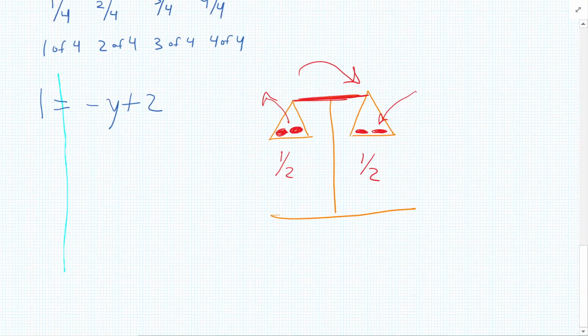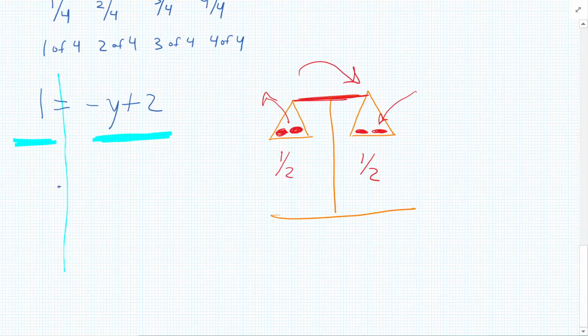We have to keep whatever's on one side of the equation balanced with the other side. So whatever's here on the balance has to balance out this. That's what equals means. Both sides are equal. Equal in weight, equal in number.